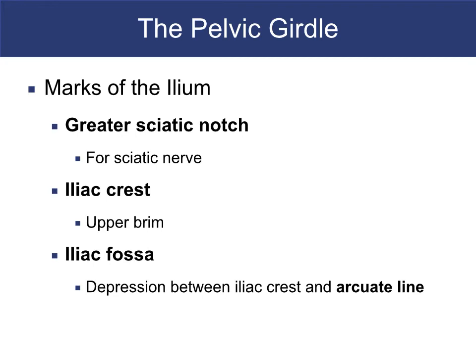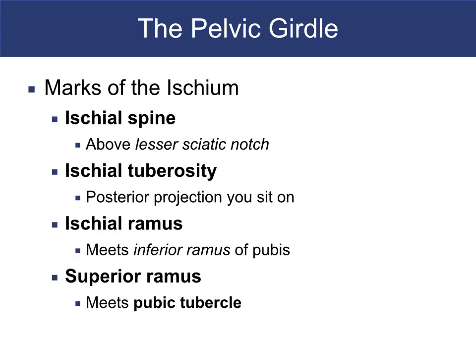As far as marks on the ilium, I've already kind of mentioned them. The greater sciatic notch is this one here. The iliac crest is this upper brim here. The iliac fossa is this fossa right in here, kind of on the inside. Ischial spine is this one here that I mentioned. The ischial tuberosity is this thing here that you sit on.